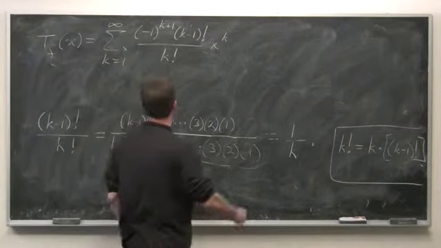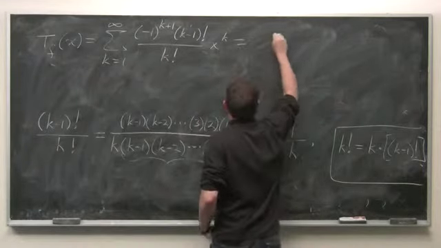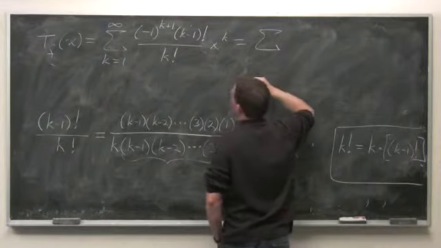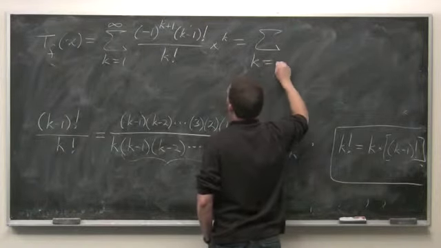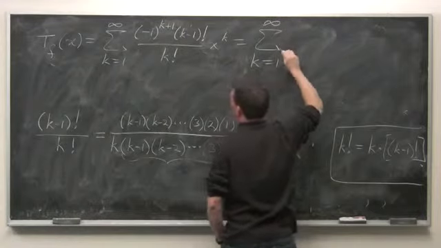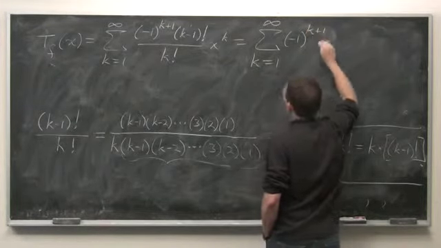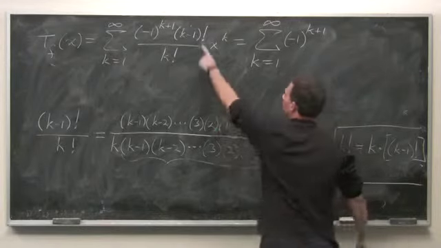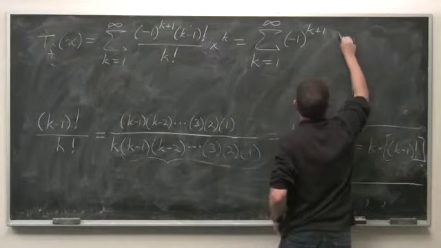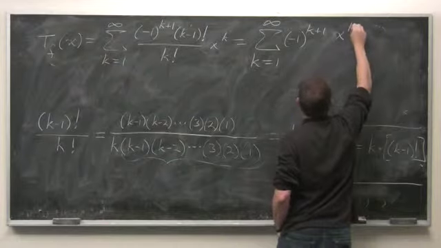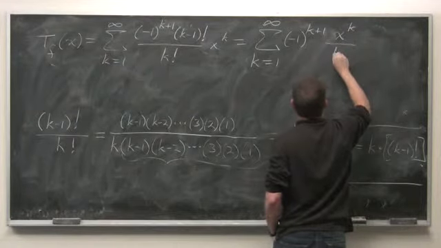That means this simplifies to what I wrote before for the formula for the Maclaurin series for the natural log of 1 plus x, because this over this just simplifies to 1 over k, and so we usually write this as x to the k over k.